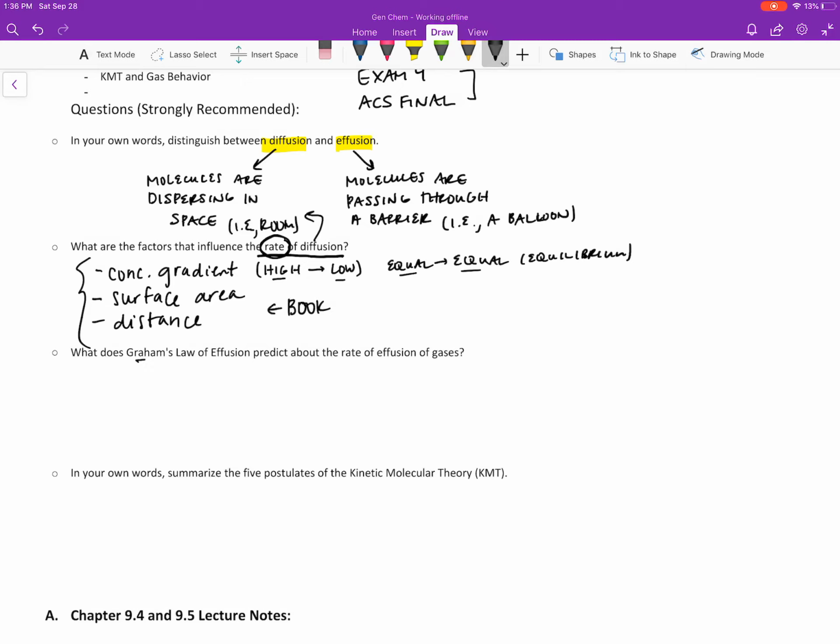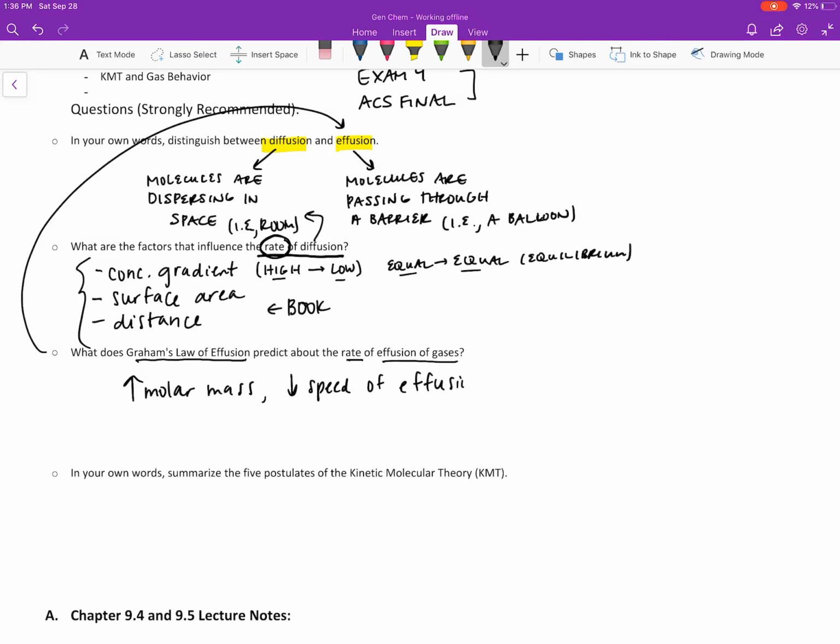What does Graham's law of effusion, so we have to think back to what we said about effusion, predict about the rate of the effusion of gases? Okay, and in a nutshell, what Graham's law predicts about the rate of effusion is that as the molar mass of the gas increases, the speed of effusion decreases.